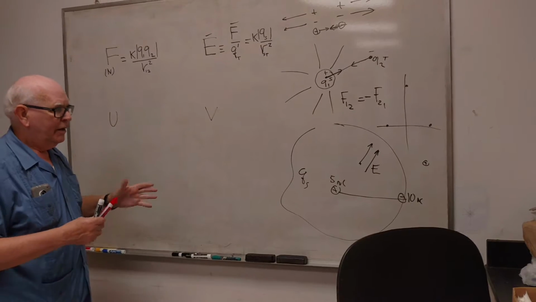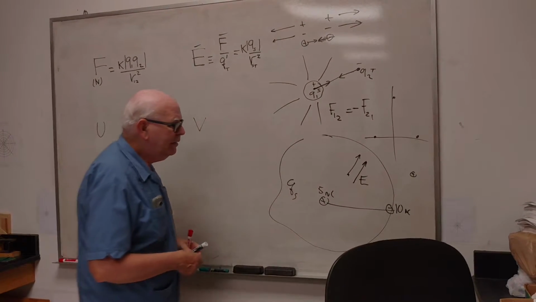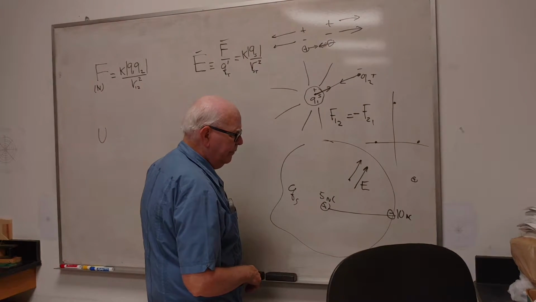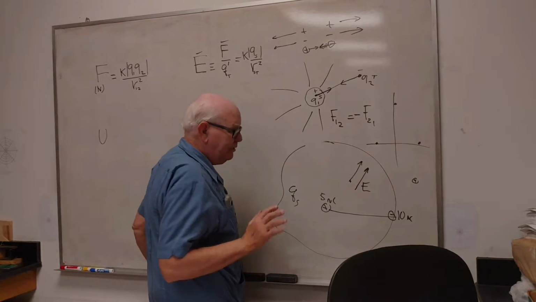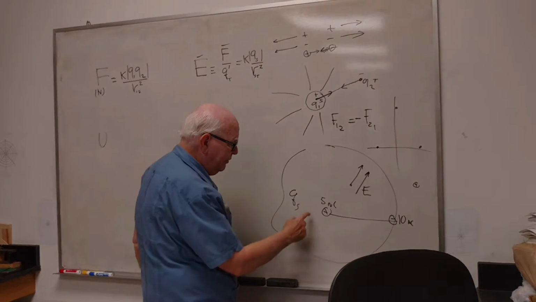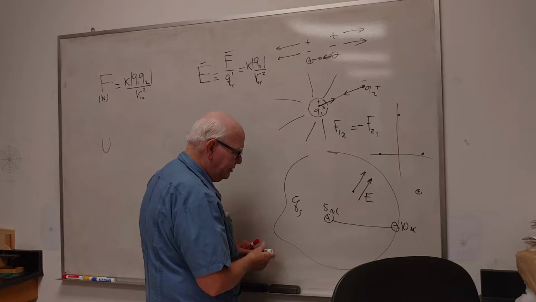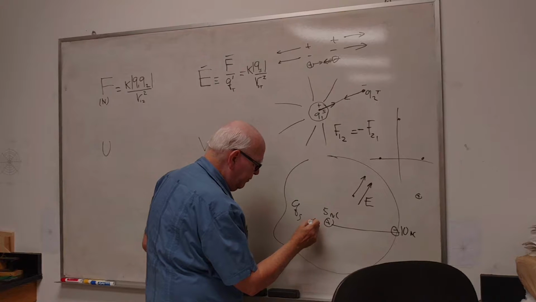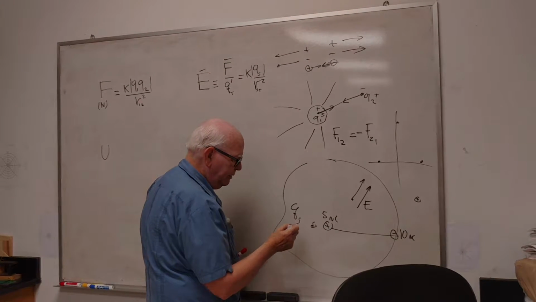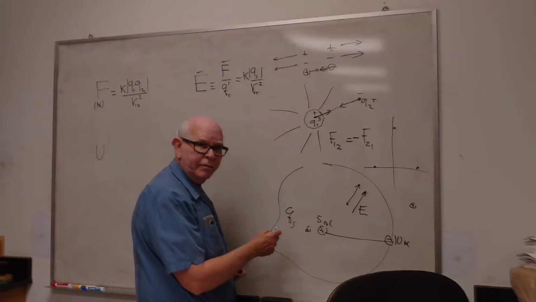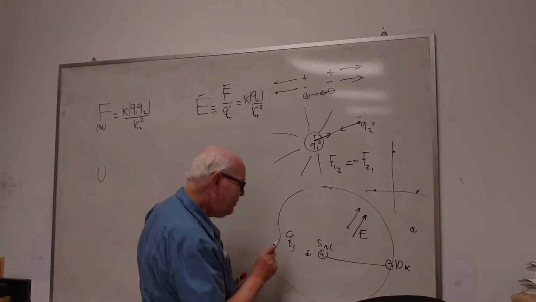Okay. Can you do this? Can you tell me? Here, here, or here? And you try. For example, try here. If I put a positive charge here, what's going to happen to that positive charge coming from this one? Is it attraction or repulsion? Repulsion. And what does repulsion mean?